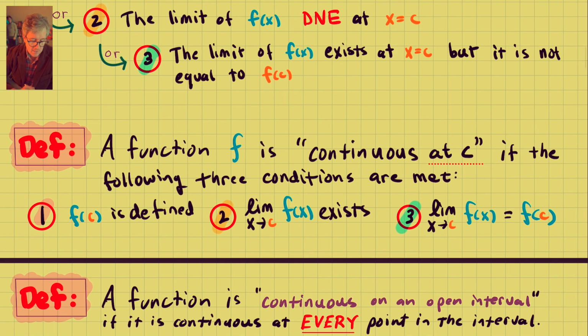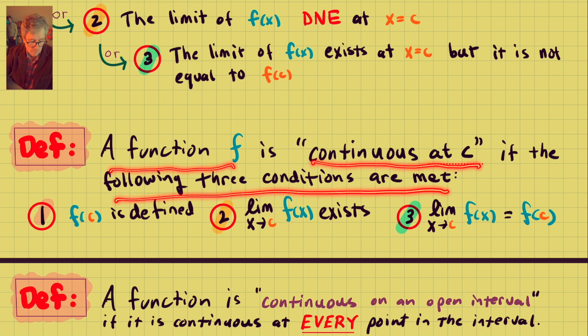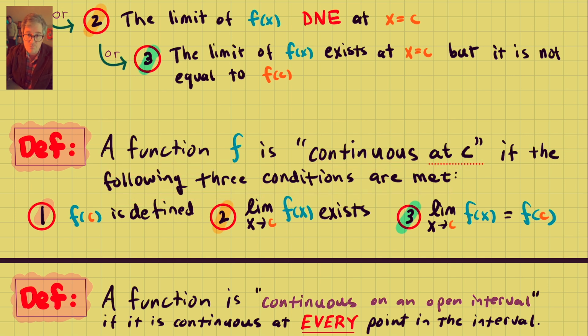So we can define continuity. A function f is continuous at c if the following three conditions are met. So kind of take the reverse of those three. The first thing that must be true is that the function has to be defined at c. If a function isn't defined at c, it can't be continuous at c.